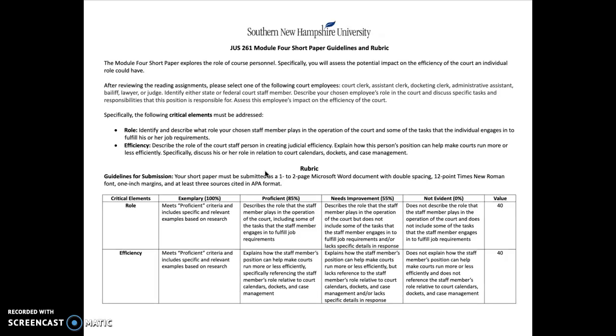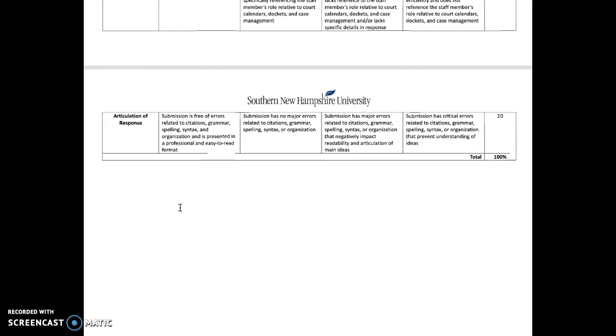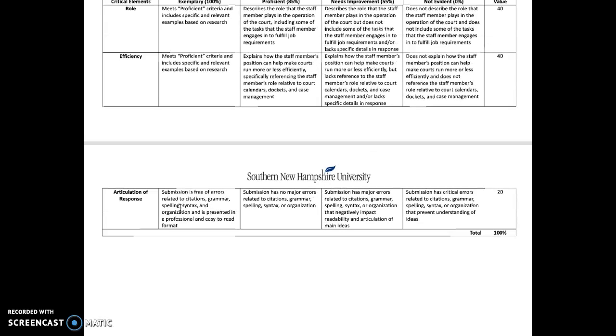So one of the things in that milestone 2 is you're looking at key roles within the court system, and basically this role that you select here can be applied in your milestone 2 assignment, right? So that's it. It's a pretty straightforward assignment this week. Again, we're focusing on court personnel in both our short paper this week and our discussion assignment.